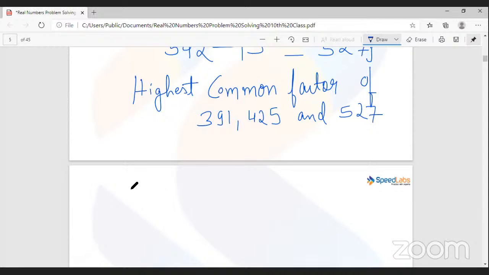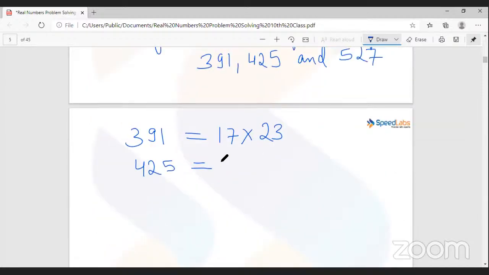Okay, prime factorization. So what will be the prime factorization of 391? 17 into 23. Okay. Who will tell me the prime factorization of 425? 5 into 5 into 17.